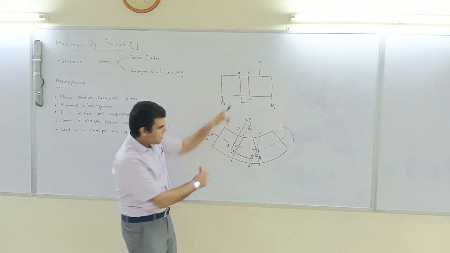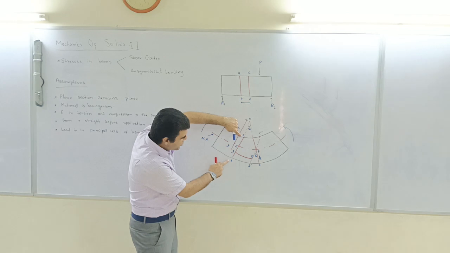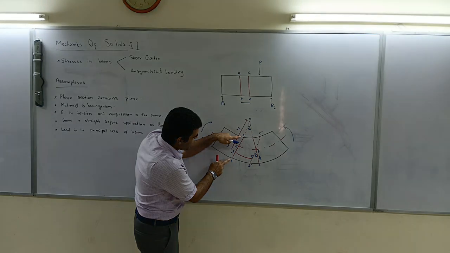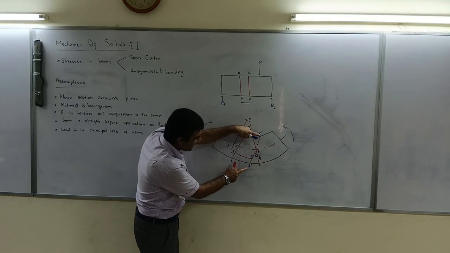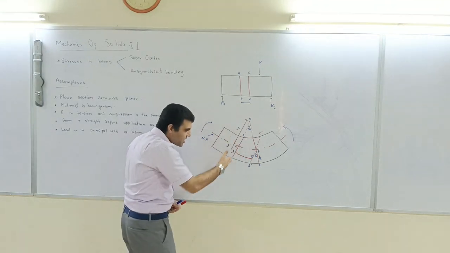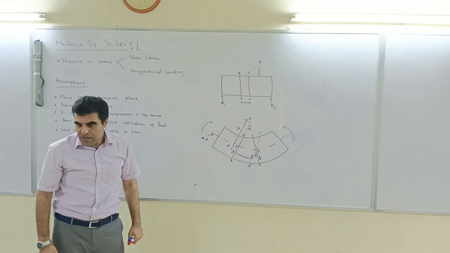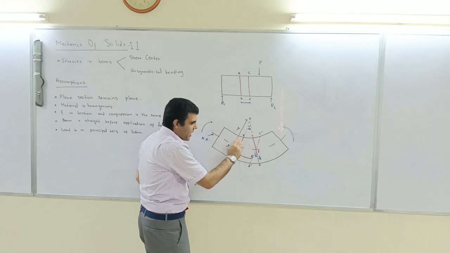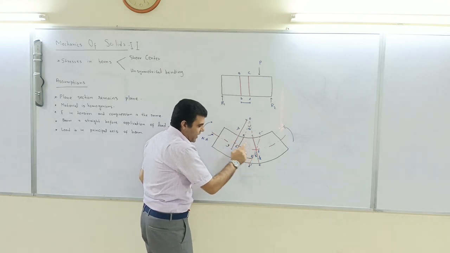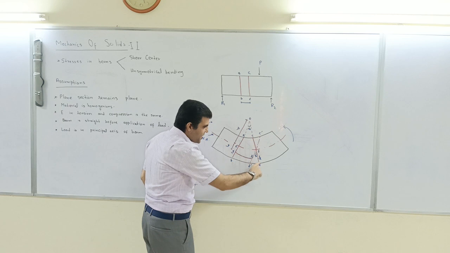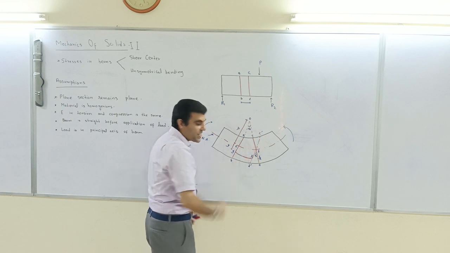Now once this is established, we can draw a line parallel to AB at point F. Let that be C dash D dash. This C dash D dash is parallel to AB. Using geometry, the angle between CD and C prime D prime is d theta.